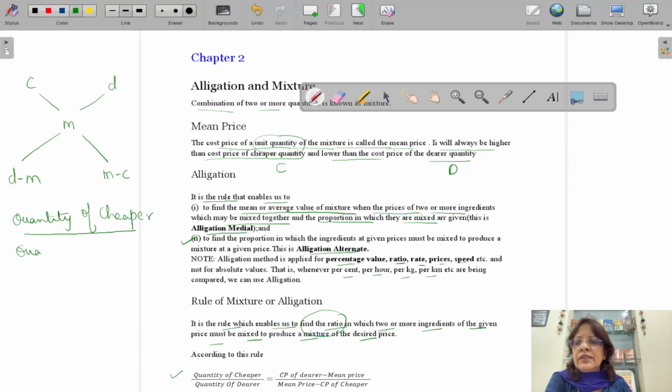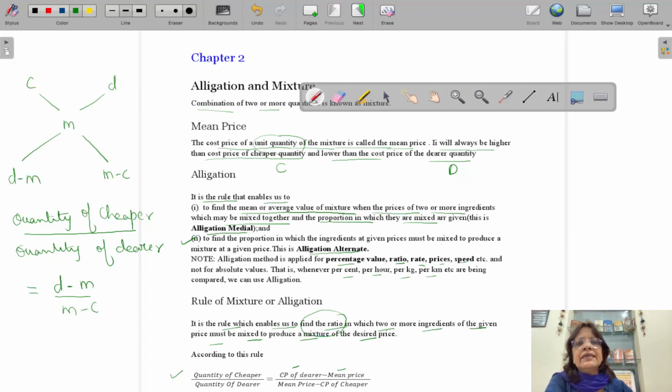Just remember this formula: we are finding the ratio of the two or more ingredients which are mixed. It says cost price of dearer minus mean price, D minus M, upon M minus C. That will give us the ratio in which two or more ingredients are mixed. This is one formula that we have to use.